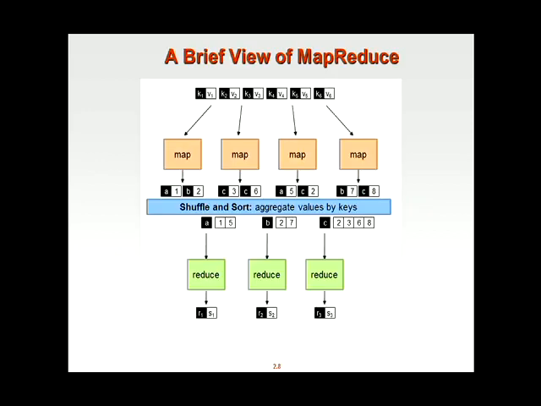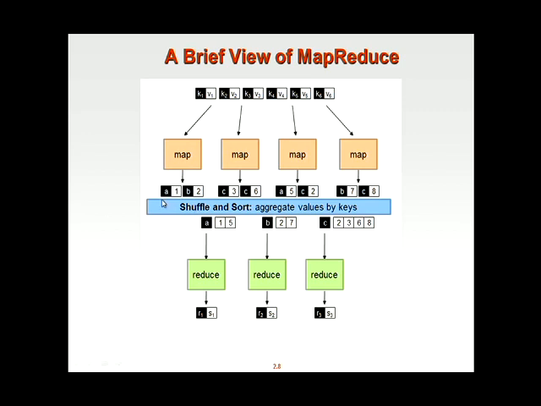Okay, so this is another brief view for MapReduce. So what we have, remember, is key value pairs. It's the input. And the key value pairs will be sent to different mappers for the map functions to process. And each map function will deal with one input key value pair to generate a list of key value pairs.